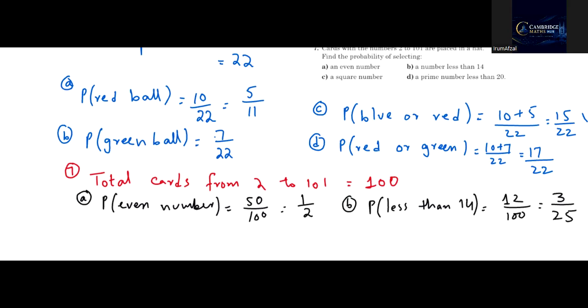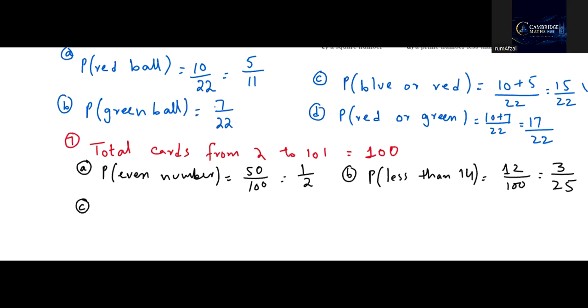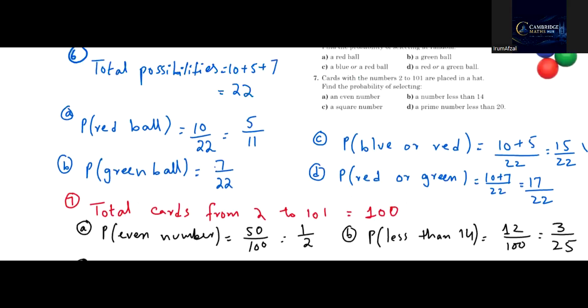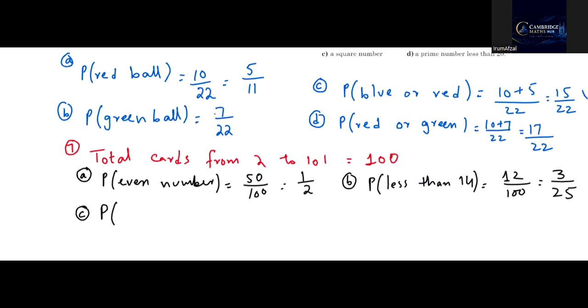Next, part C. Let's see what they are asking. Here we are talking about the probability of a square number. Numbers start from 2, so 1 is also a square number, but we will not count that.